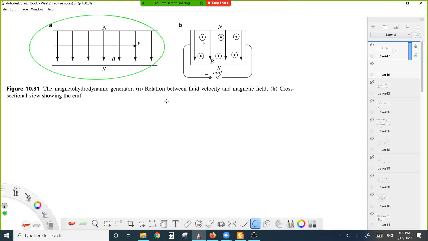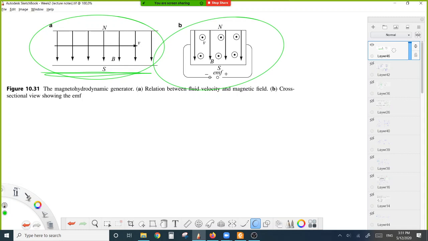Some conducting fluid, maybe water with some salts, can be a conducting fluid, or some oils with salts can also be conducting fluids. And these conducting fluids move between two conducting electrodes, as shown here or here.